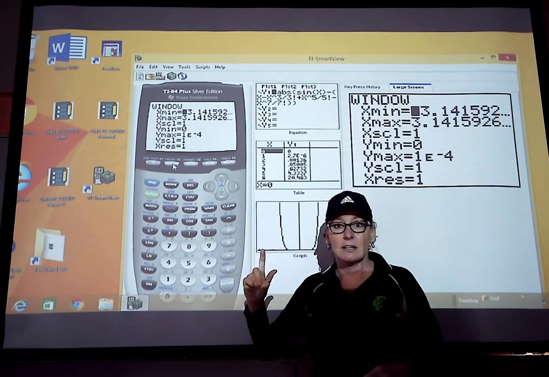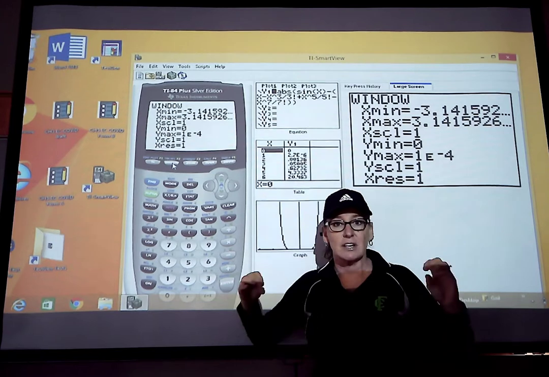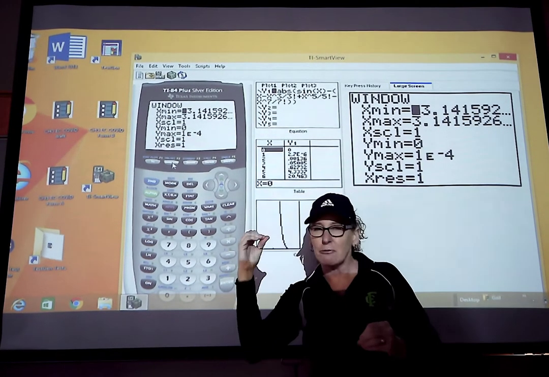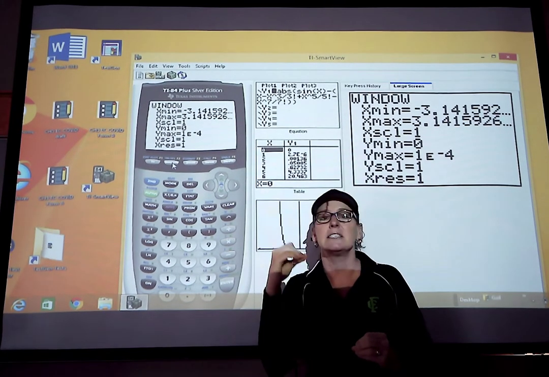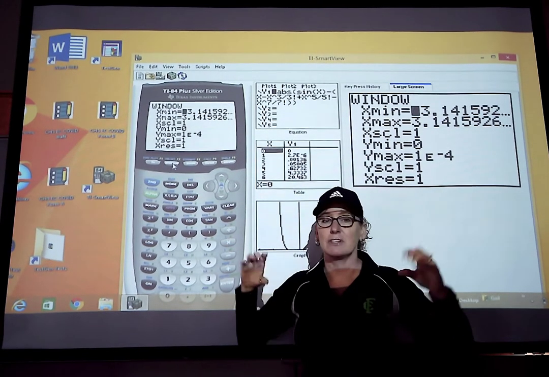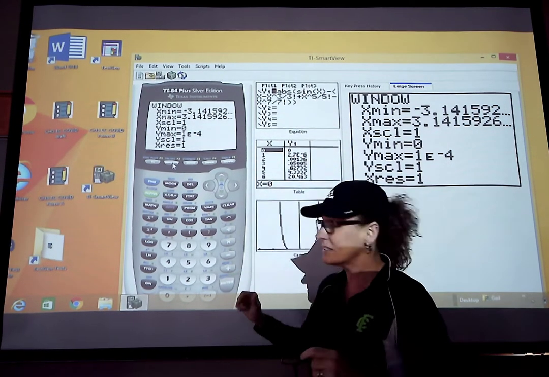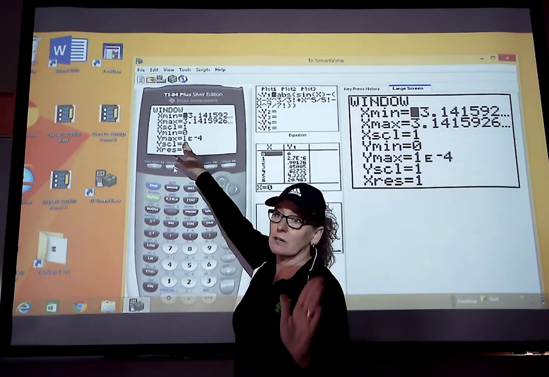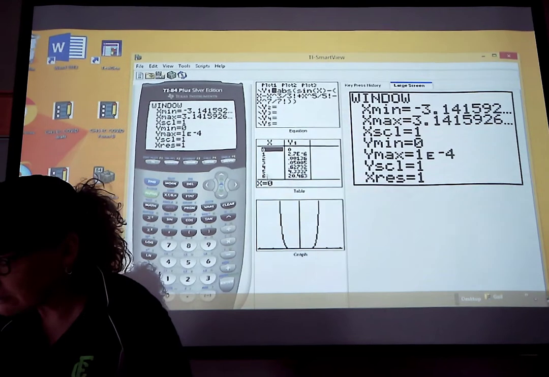Y is going to be positive because I absolute valued it. It's the difference between the real function and my polynomial representation. I want that difference to be within 0.0001. So I set my y max to be 0.0001. Now I graph it.